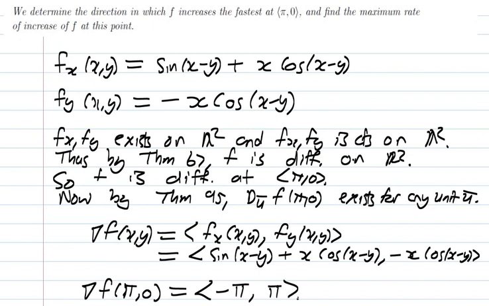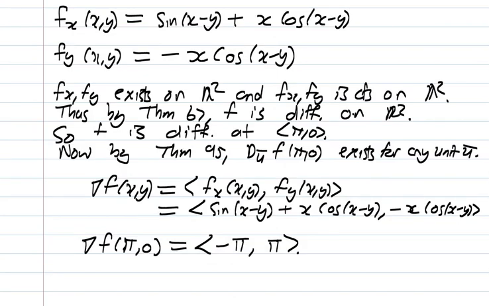All right. So far I've only got a formula for grad f, and then grad f at the point (pi, 0). So I still have to answer the question: in which direction does f increase the fastest, and find the maximum rate of increase.